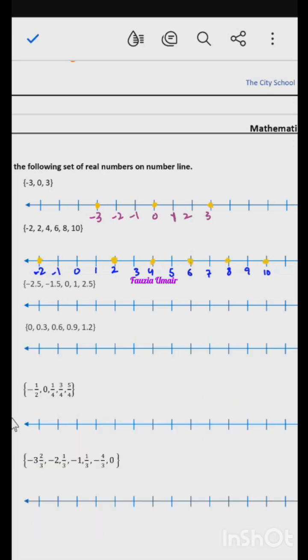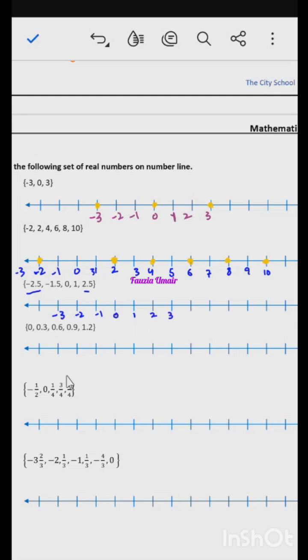So the next part is we need to highlight minus 2.5, where the smallest number is minus 2.5 and the biggest is 2.5. It means I need to label from minus 3 till 3, right? So I will start with minus 3, then minus 2, minus 1, then 0, 1, 2, 3.